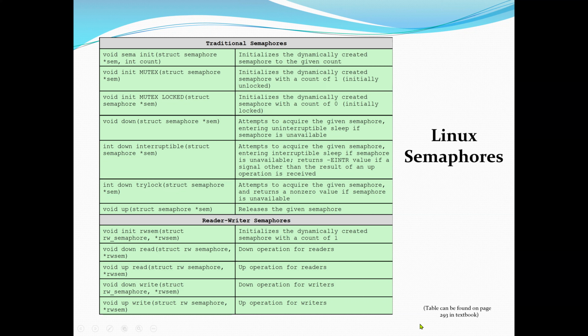A counting semaphore is initialized using the sema init function, which gives the semaphore a name and assigns an initial value. Binary semaphores, called mutexes in Linux, are initialized by the init mutex and init mutex locked functions.